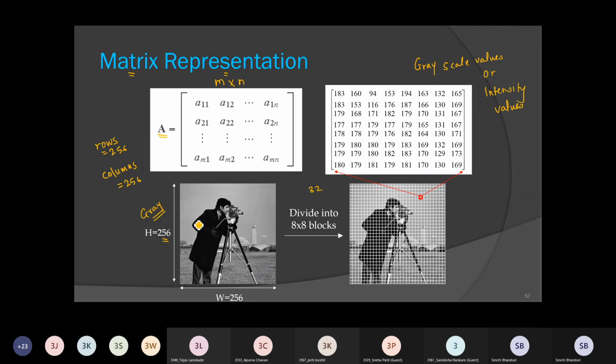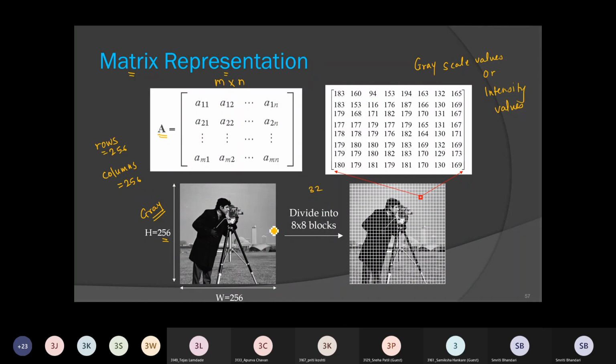Now, this image is a grayscale image, and that is why at every point we have one value. So in this particular array A, we will have 256 values in each row, and we have 256 rows.